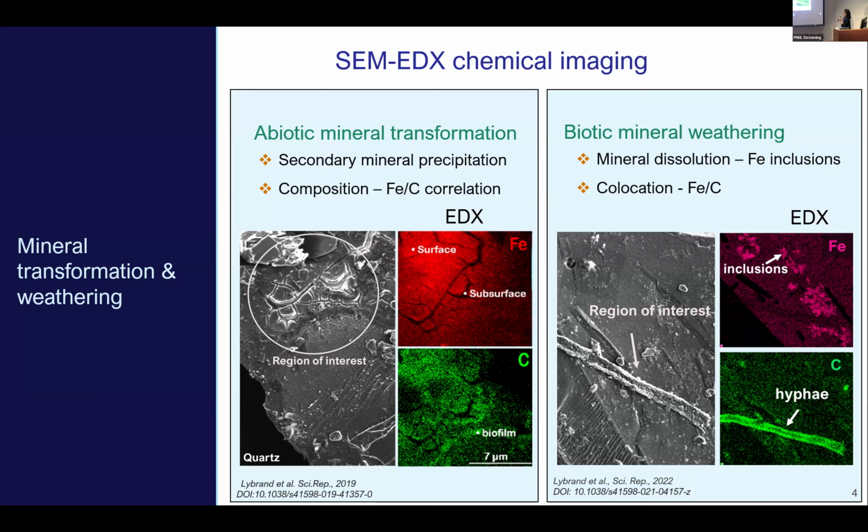Also, I want you to pay attention to this carbon map, where you can very clearly see where the hyphae is based on the carbon signal. You can also see some hot spots of carbon around that surface. If we are interested in knowing more, we can do the FIB analysis in the area marked by the rectangle.